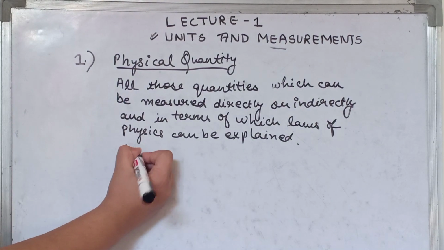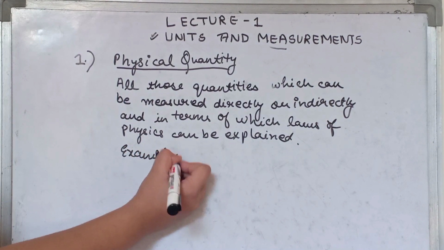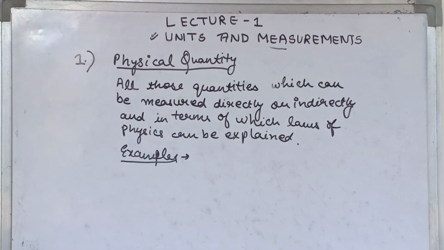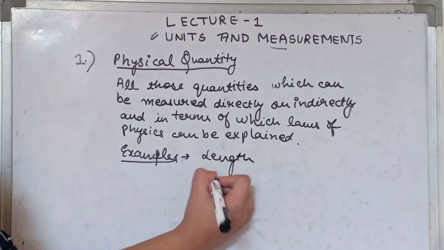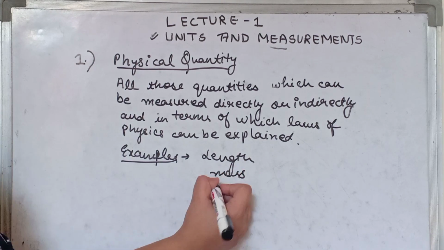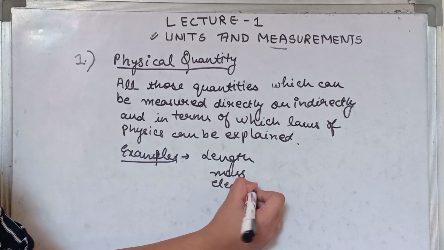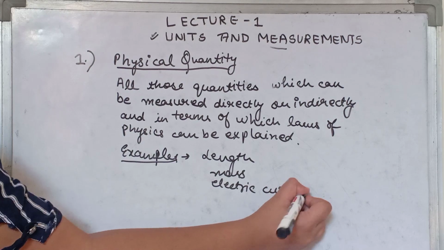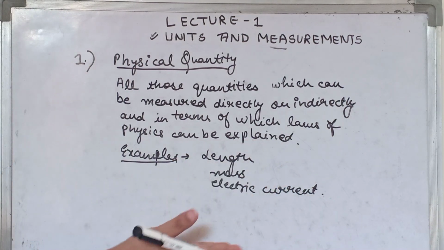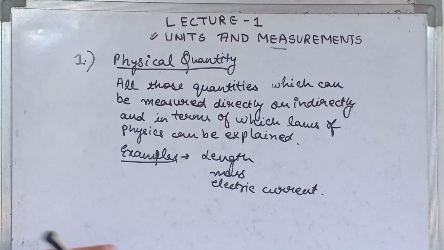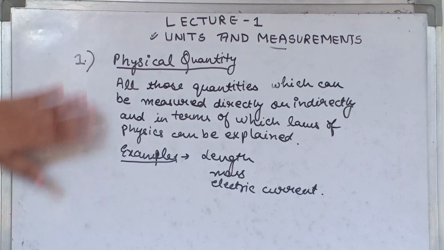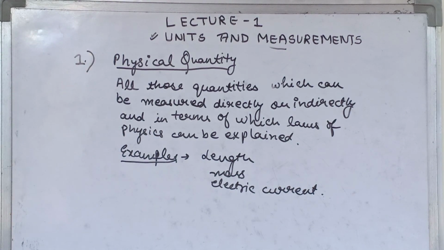You can understand it better with examples. Examples are length, mass, electric current, etc. These are the quantities which we use to define any law of physics, maybe Newton's law or any other law. All the laws are explained on the basis of these physical quantities.